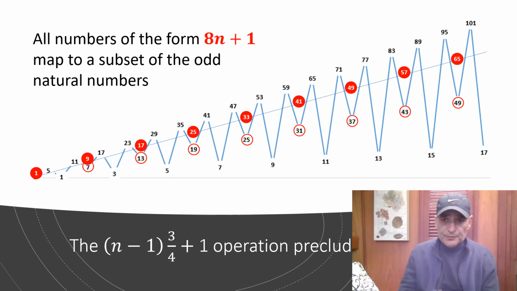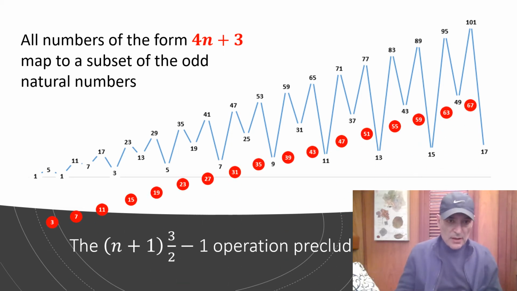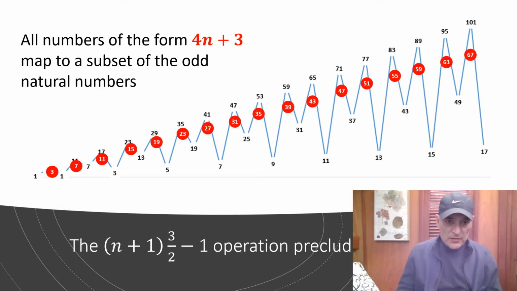And the second injective function is for numbers of the form 4m plus 3, and these represent every other odd number. The mapping function is n plus 1 multiplied by 3/2 or 1.5 minus 1. And the result is this.